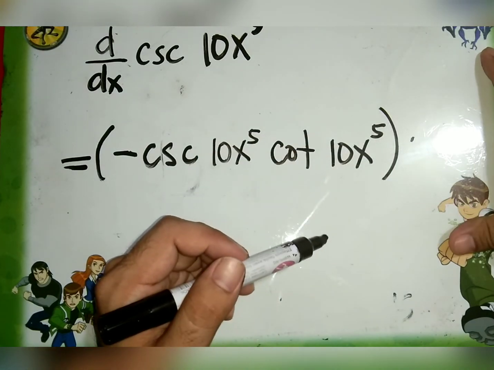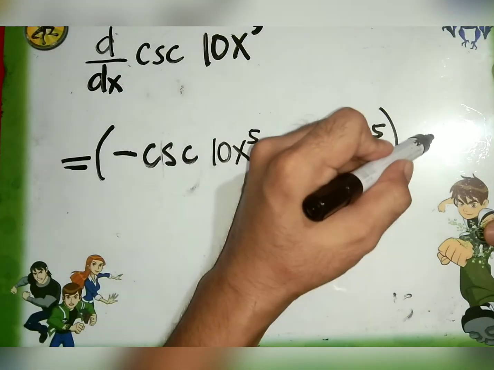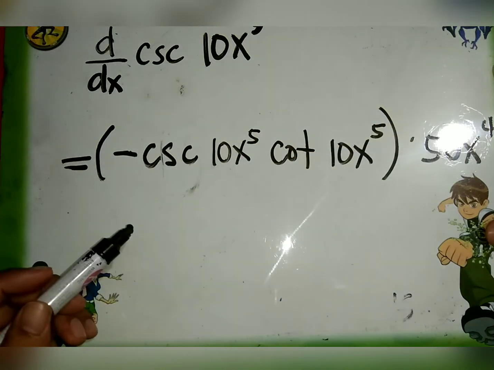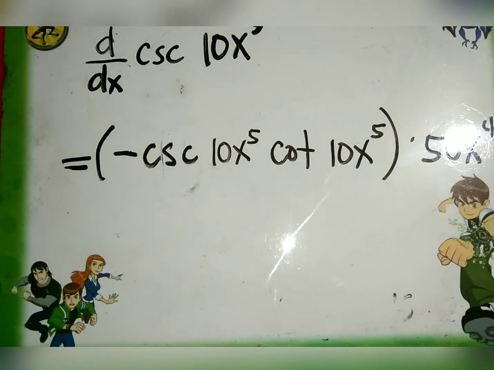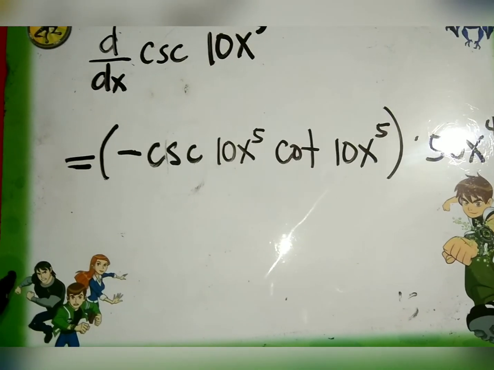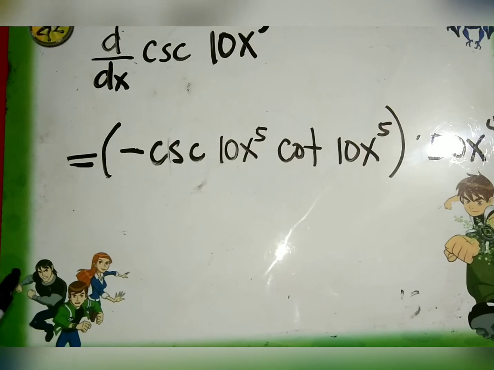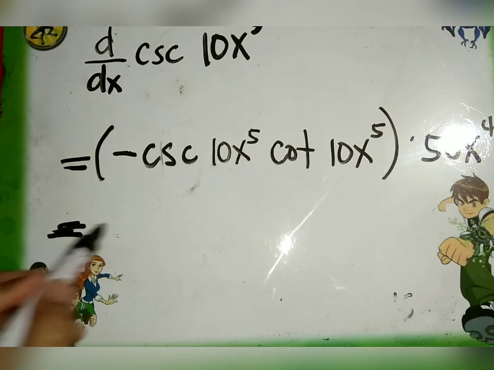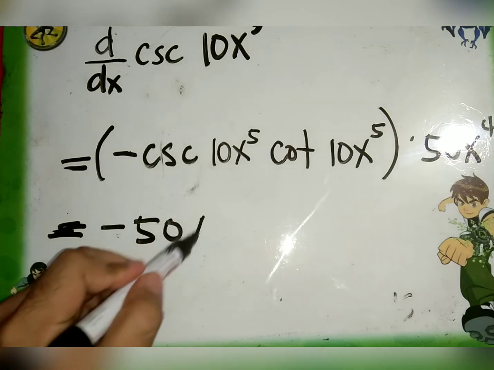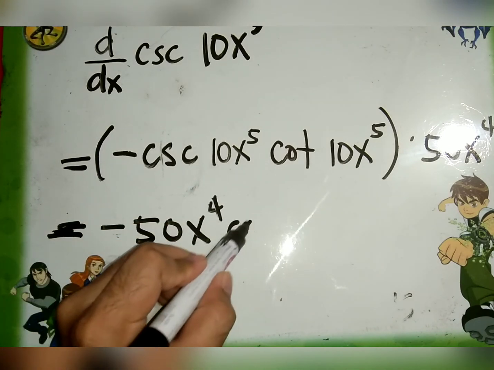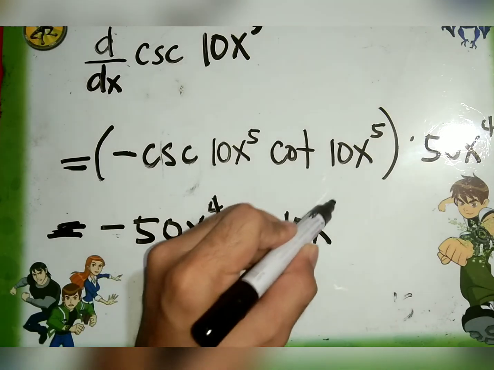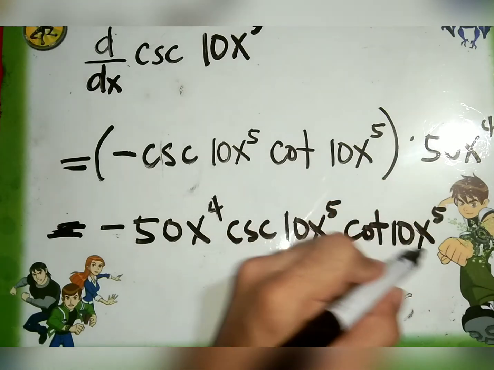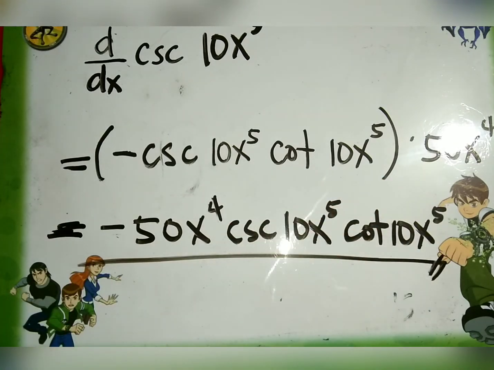Ano yung derivative ng 10x raised to 5? 50x raised to 4. Okay? That is power rule. So, arrange lang natin. Negative 50x raised to 4 cosecant 10x raised to 5 cotangent 10x raised to 5. So, that is the final answer.